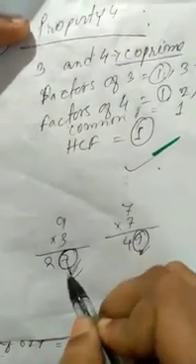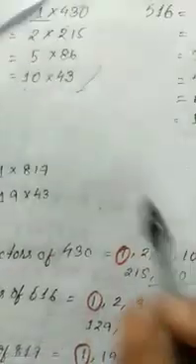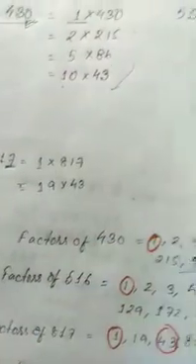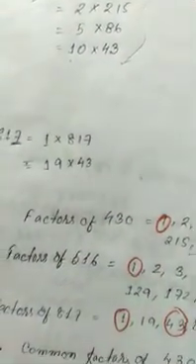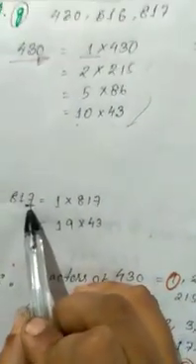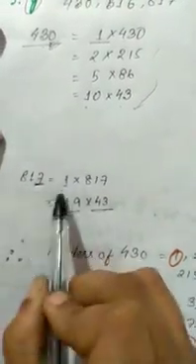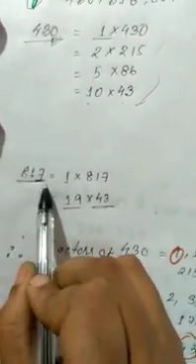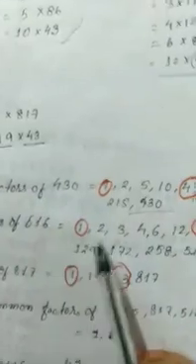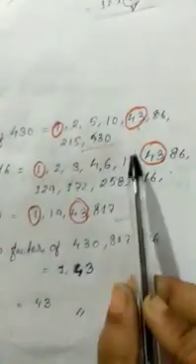Only 9 into 3 is 27, so 7 is coming. So one number should be 9 and the other 3. And if you check like this, 1 goes, 2 will not go, and so on. If you check by the test of divisibility rule, you will get 19 into 43, which is 817. Okay, so we can show all the factors of these, students.